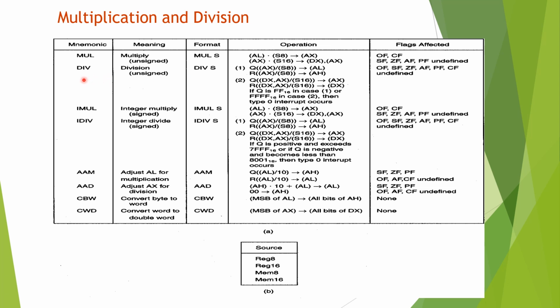Division is specified using the mnemonic DIV. So DIV S is the format. Here the quotient is stored in AX and the remainder is stored in DX for the division operation if it is of 16-bit size. If it is of 8-bit size, the quotient is stored in AL and the remainder is stored in the AH register.